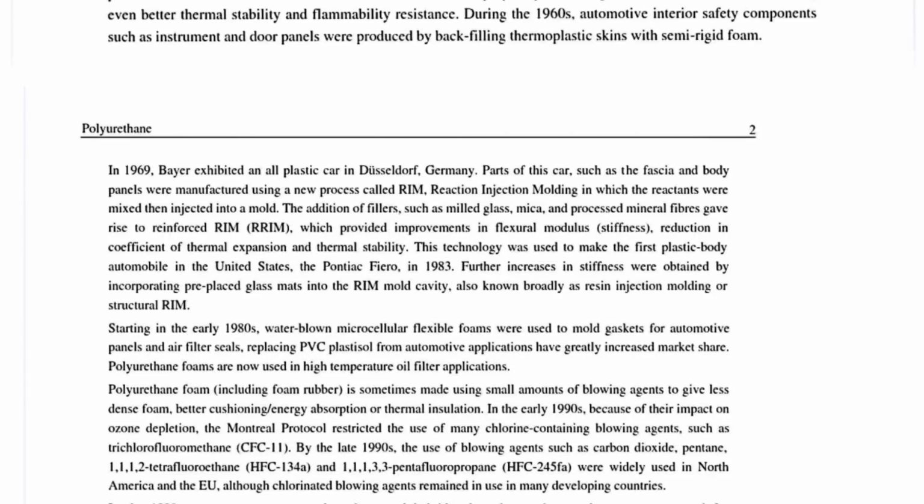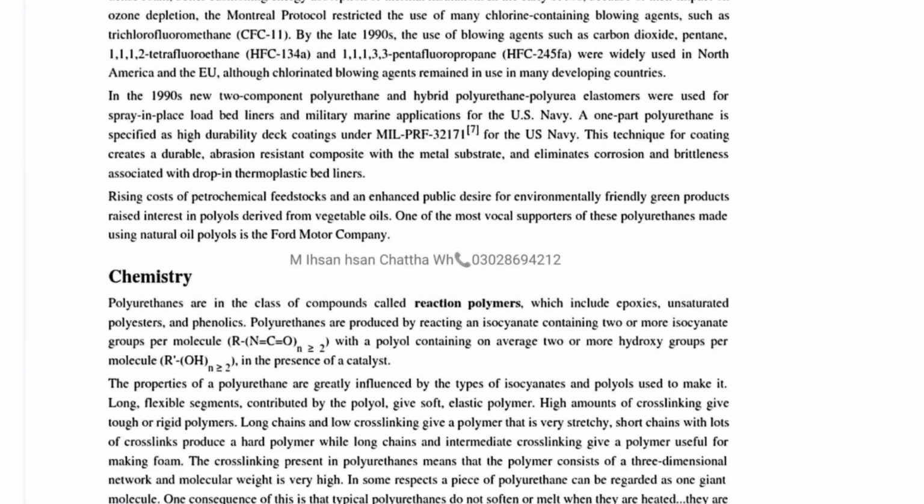Later, in the early 1990s, due to the impact on ozone depletion, the restriction of many chlorine blowing agents such as trichlorofluoromethane was imposed, and the blowing agent was changed to carbon dioxide. Similarly, pentane, 1,1,1,2-tetrafluoroethane and many other blowing agents are used to make the polyurethane versatile.